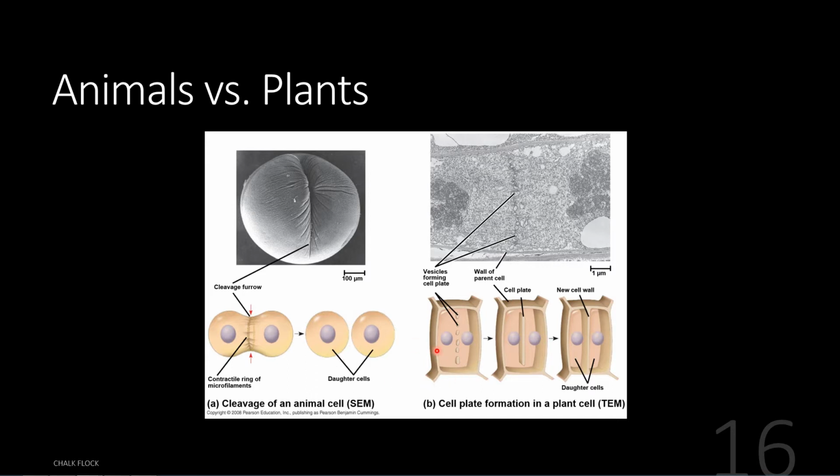They're made out of this very resilient stuff called cellulose. It's like the stuff that makes paper. That stuff doesn't biologically break apart very easily. So instead of having to rip the cell in half, they actually grow a new cell wall between the two new nuclei. Okay? I don't expect that you'll have to know too much other than this. Remember, this is a broad overview.